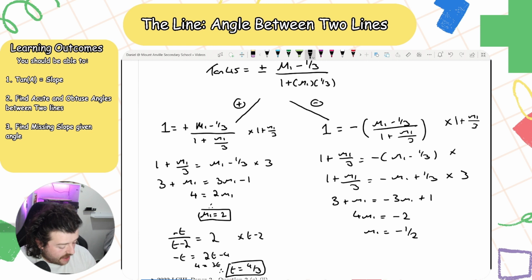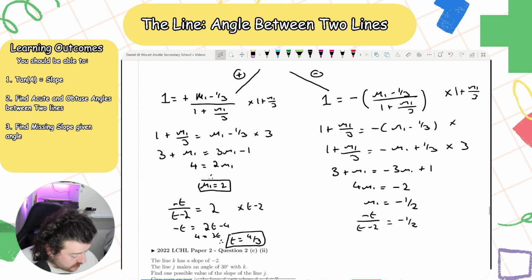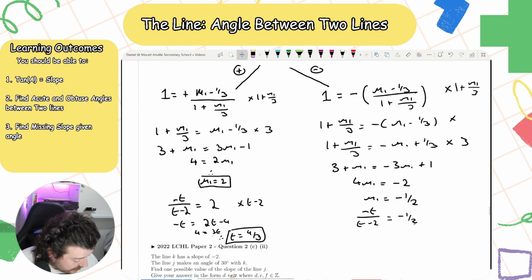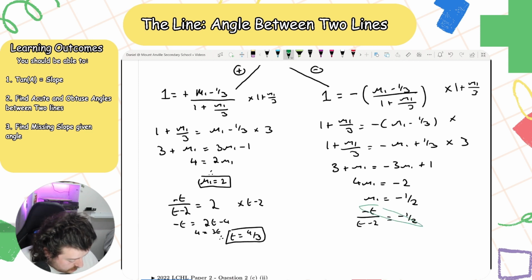Now that I have m1 is equal to minus a half, I'm going to have minus t over t minus 2 is equal to minus a half. Cross multiply here. I'm going to get 2 times minus t is equal to minus 1 times t minus 2.